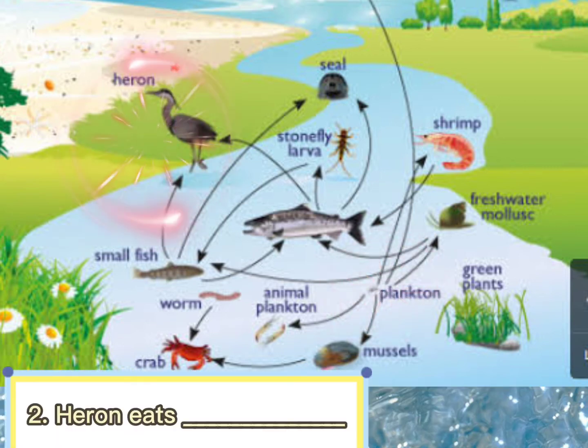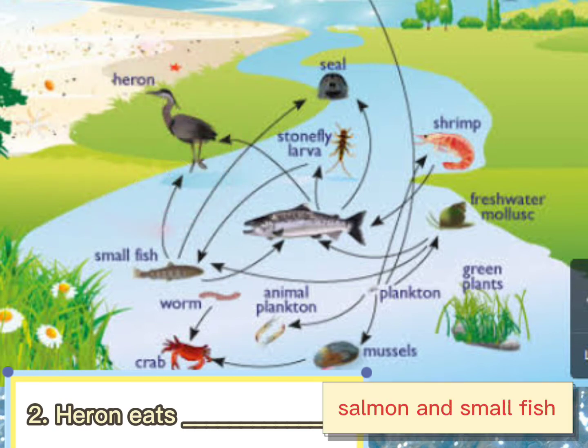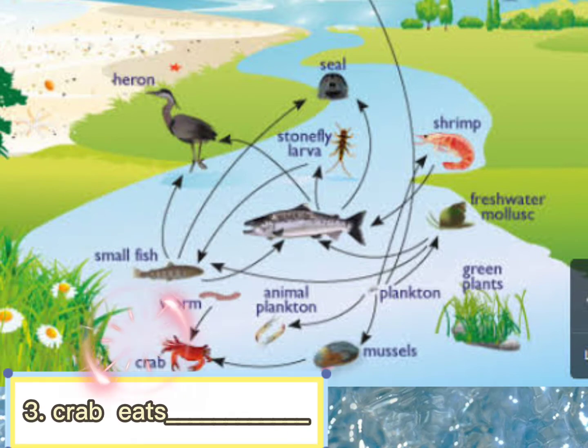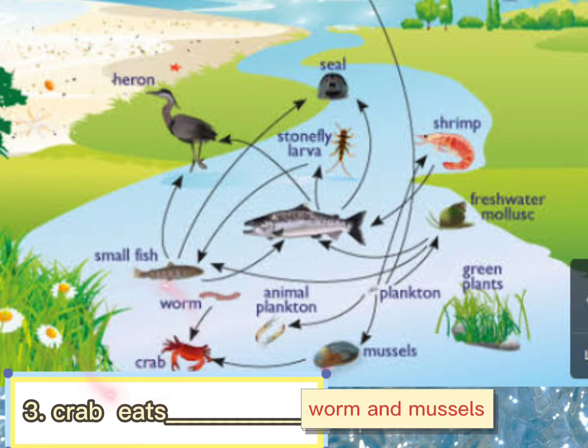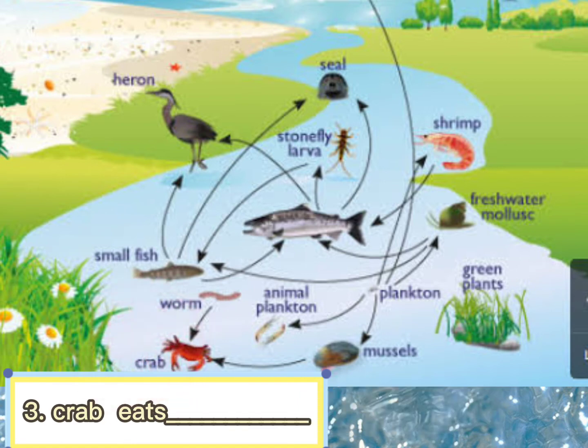Number 2. Heron eats blank. Salmon and small fish. Number 3. Crab eats blank. Yes, crab eats worms and mussels.